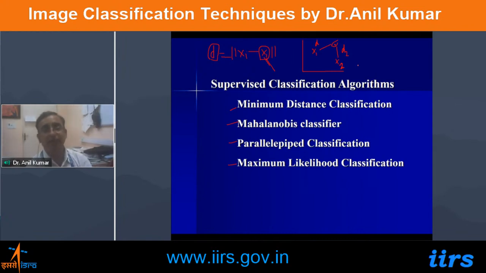Anyway, we'll come back. So here, like this, it is using only the mean parameter, and minimum means the distance should be minimum. If you talk about Mahalanobis, the distance will come something different. It will be like this.